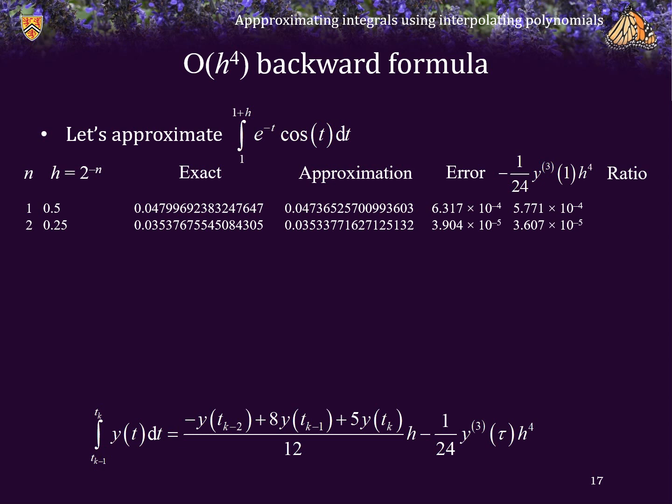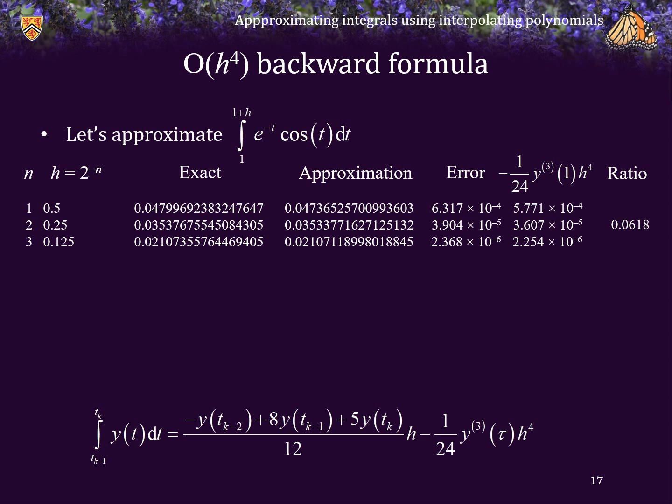And by dividing h by 2, we now integrate from 1 to 1.25. Once again, we see that the approximation gets better. In fact, it gets better by approximately 0.06. Now, 1 over 2 to the 4 is 0.0625, so that's pretty close.